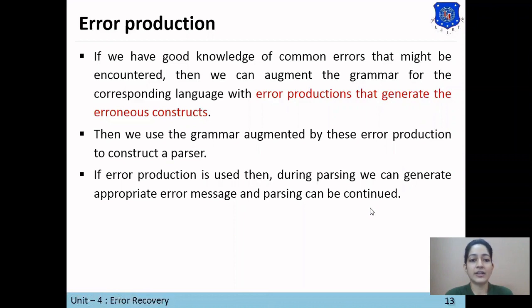Parsing just generates the error messages saying these errors have been found, and it continues. It works like an exception: we know that if we divide a number by 0, then an error can occur, so we just print the message and continue the program. Error production does the same: it generates appropriate error messages and parsing continues for the remaining input.